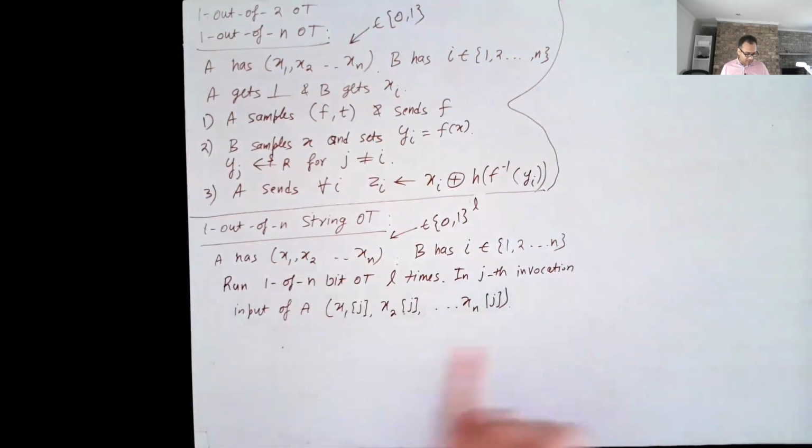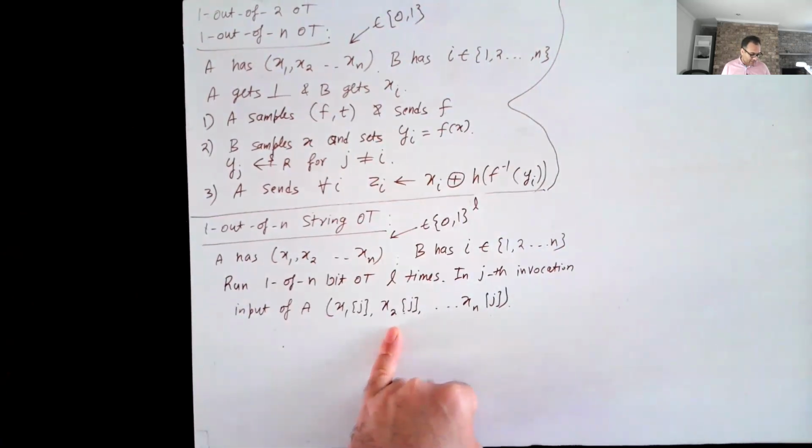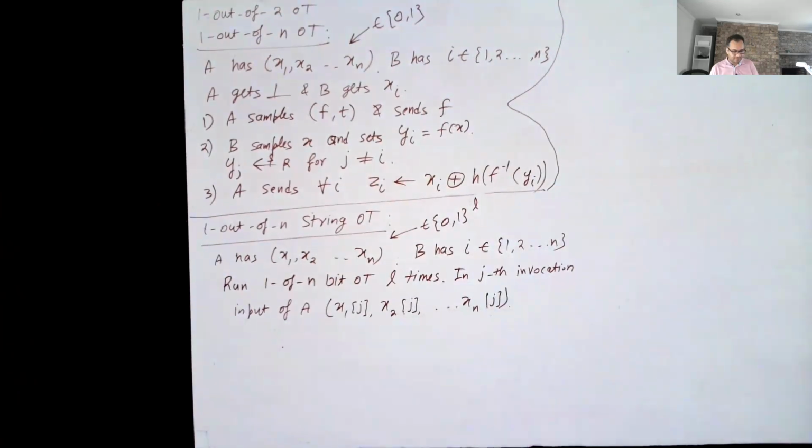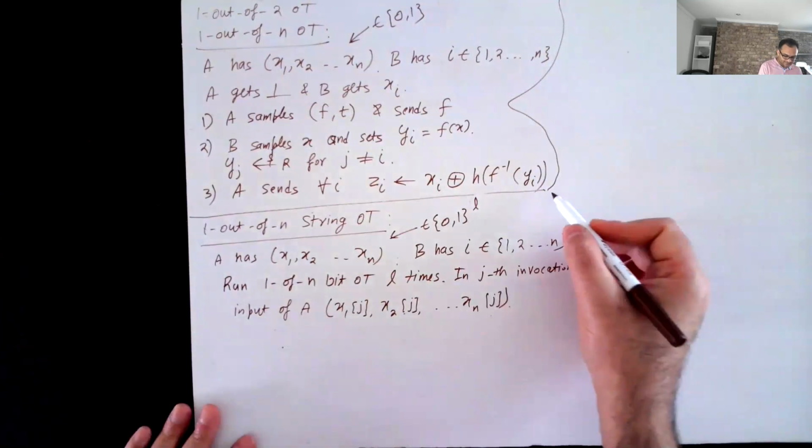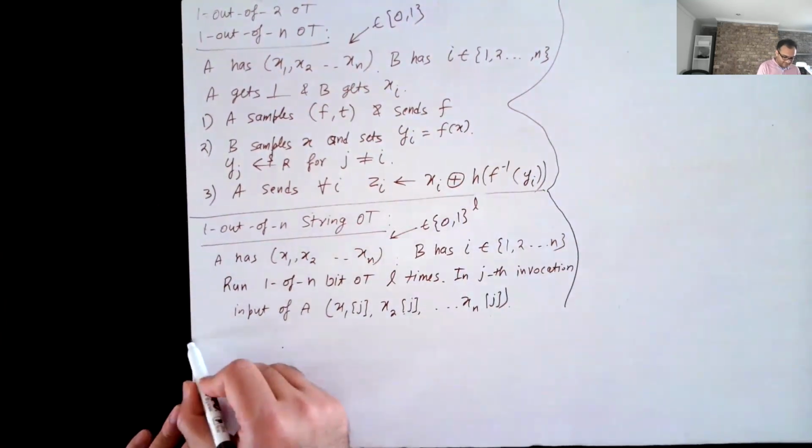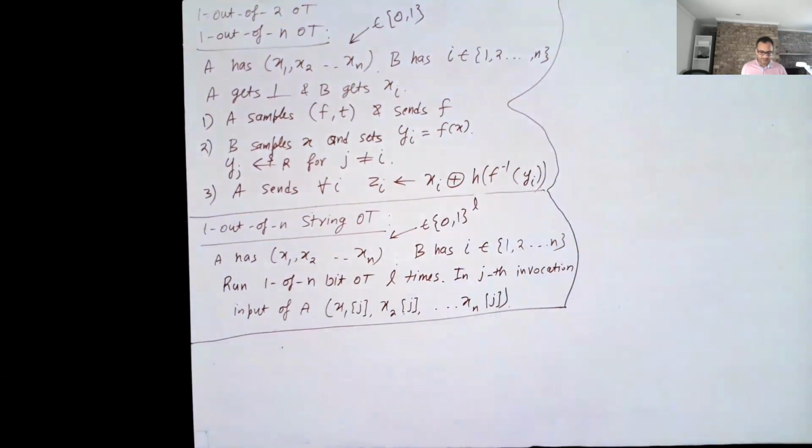So in the jth invocation, B learns the jth bit of xi. Okay, great. So we have constructed 1 out of n string oblivious transfer. The sender has n strings, the receiver learns exactly one of them, the chosen one.